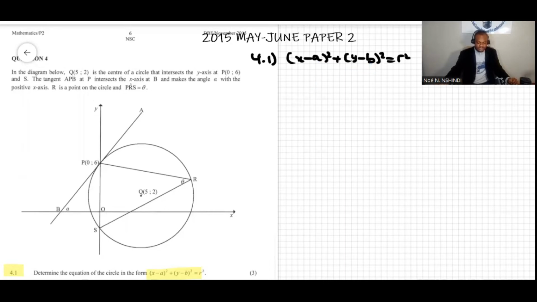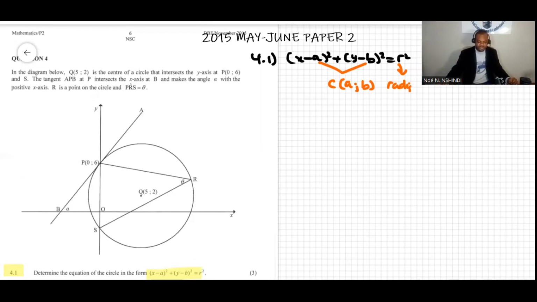So we do know that a and b are the coordinates of the center of the circle, and r here is just the radius. Now, we can substitute the coordinates of the center of the circle, because the center is given, and it is (5, 2).